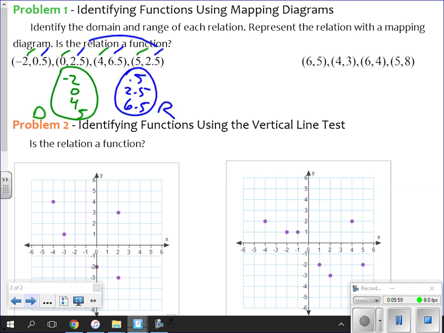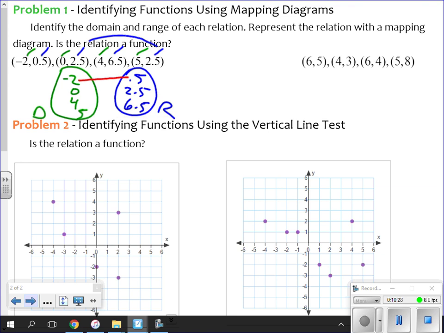Now this is just grouping my domain and my range. My domain is my x's, my range are all my y's. Here's where the mapping comes into place. You take every x and connect it with the y that goes with it. So -2 connects with 0.5. I draw the connection from the x to the y.